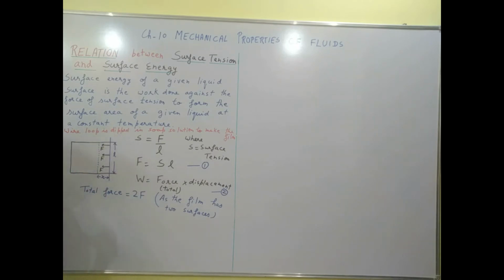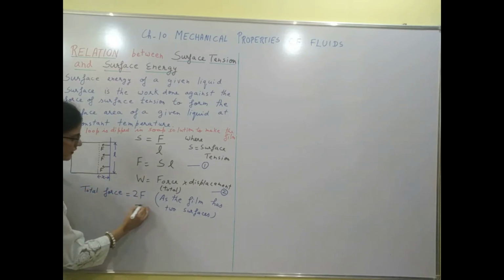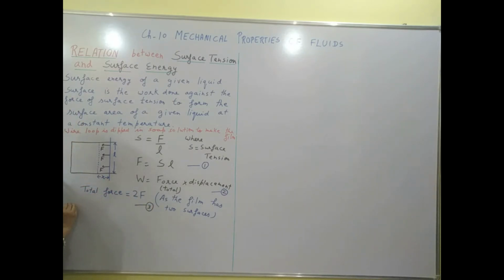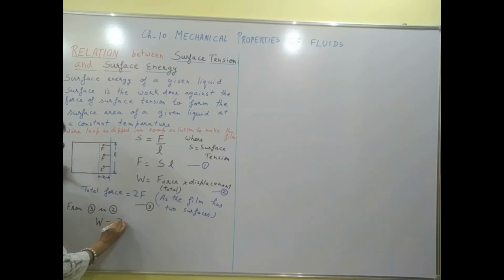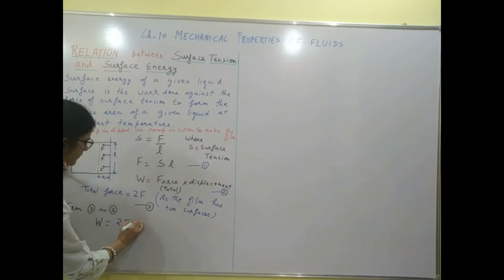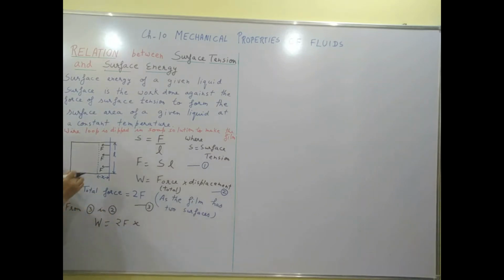So for work done, what will be the formula? Work done is force into displacement. We have already written this as equation 3. So from equation 3 in equation 2, I want to put the value of total force for finding the work done. So this work done is 2 times force into displacement, that is x. This is the displacement, and force can be written from this expression.